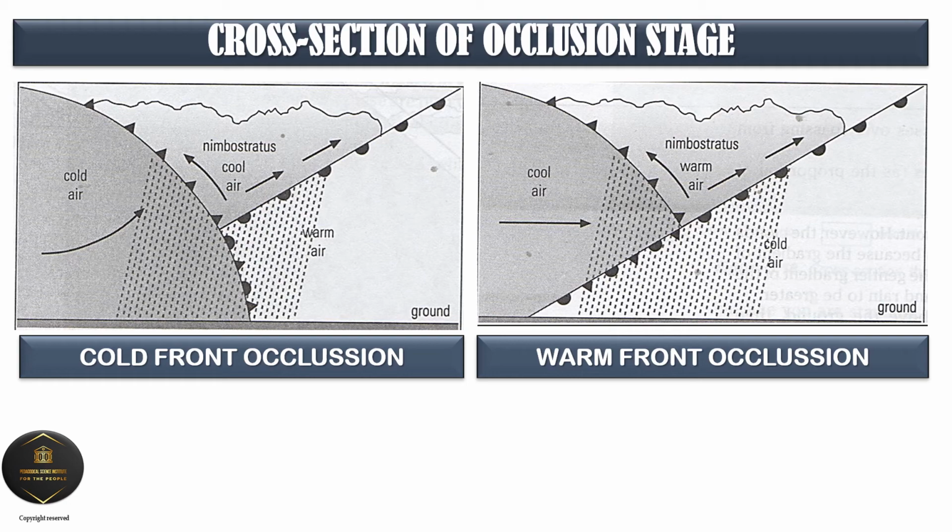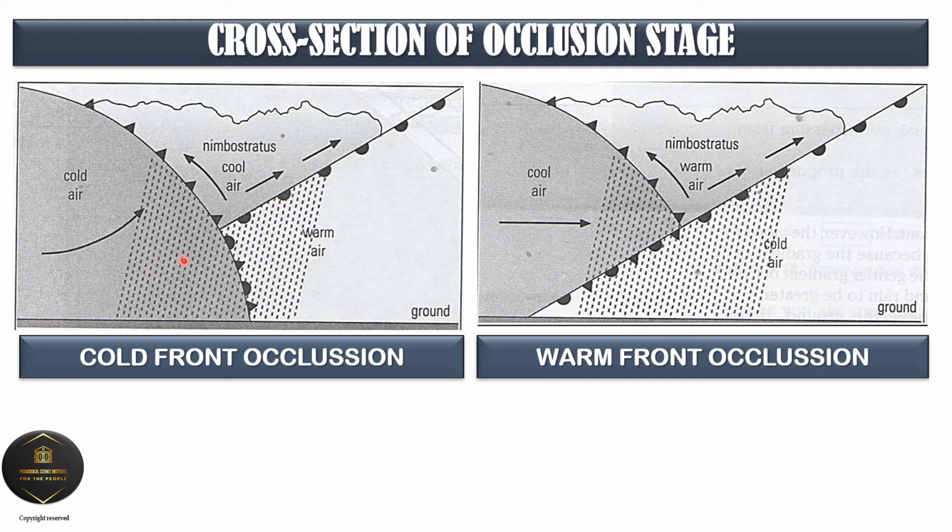Now remember, the occlusion stage, we have two types. We have cold front occlusion, where the cold front catches up with the warm front. Now if you look at your symbols there, with cold front occlusion, your triangle symbol, remember, represents the cold front. You see it's the first one there, followed by the warm front, then the cold, the warm, the cold, and so on and so forth.